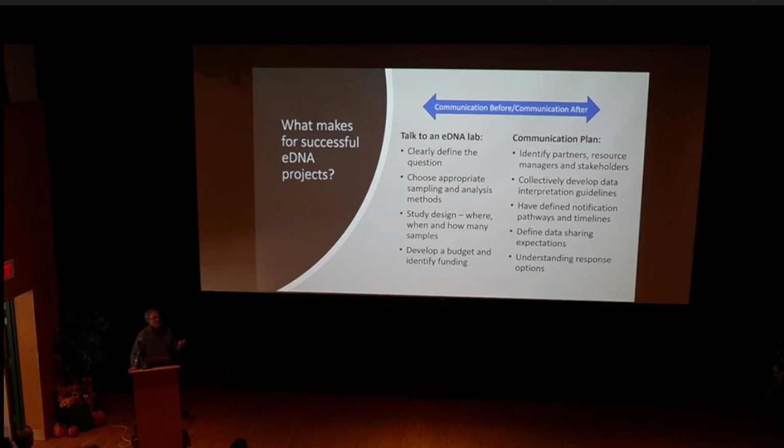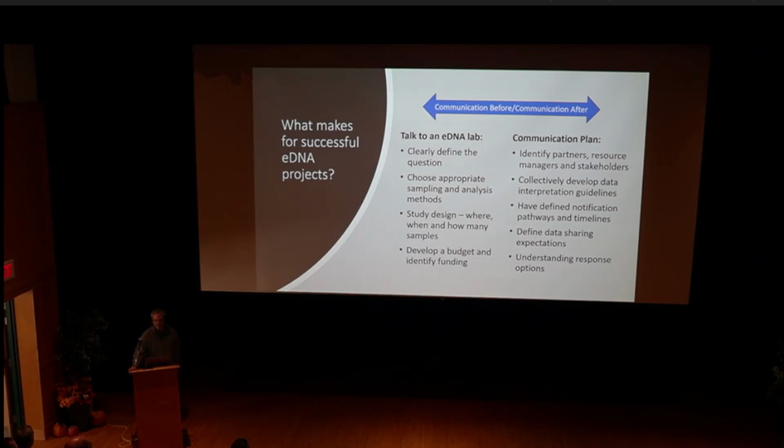But also having conversations on the back end, having a communication plan in place, identifying who your partners are, resource managers, and various stakeholders that might be interested in making sure you have a plan. Collectively deciding what the data interpretation guidelines are. How are you going to determine what a positive actually is?